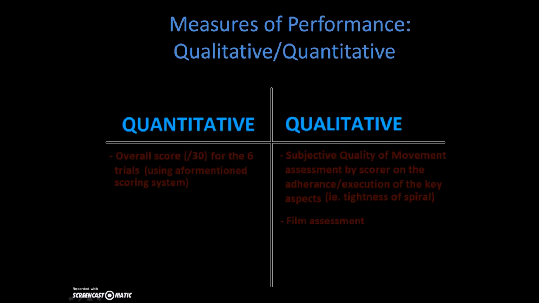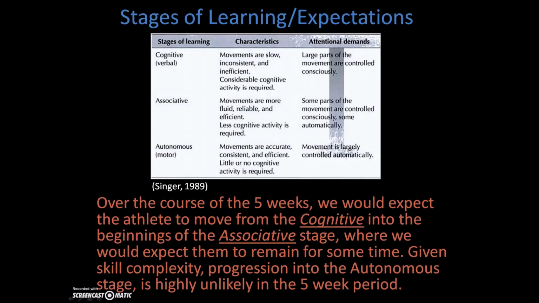And another thing that's used heavily throughout American football is film assessment. So breaking down and qualitatively having a look at the movement via film is also another effective method.